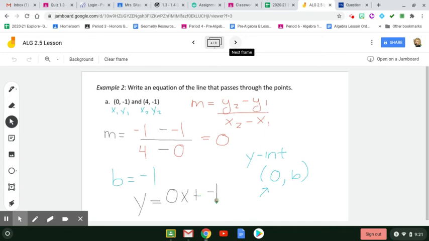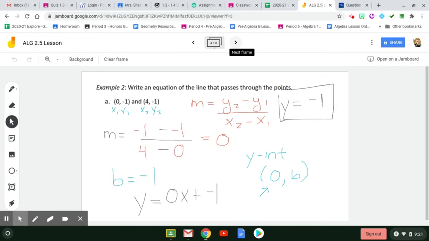Okay, but we can do a better job with simplifying that. So our final answer is, and I'm going to write this up top because I'm running out of space, y equals, well, 0x is just 0, and then 0 plus -1 is -1. So the final answer for this equation in slope-intercept form is y equals -1.